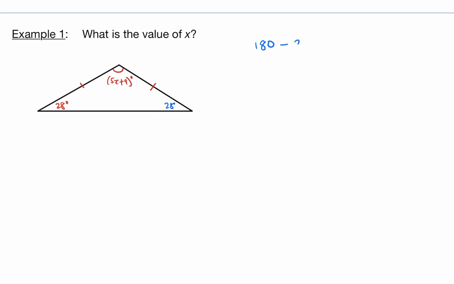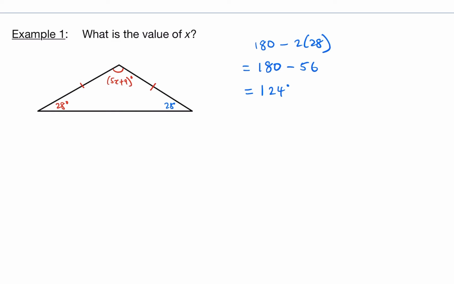So that would be twice 28 degrees, which works out to 180 minus 56 degrees. And the result here would then be 124 degrees.